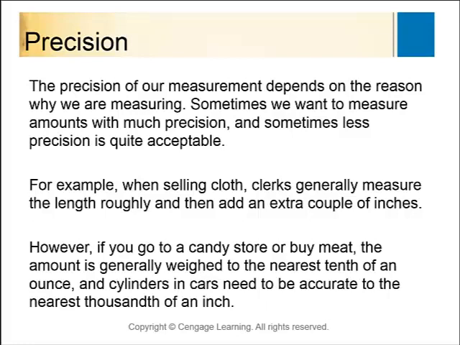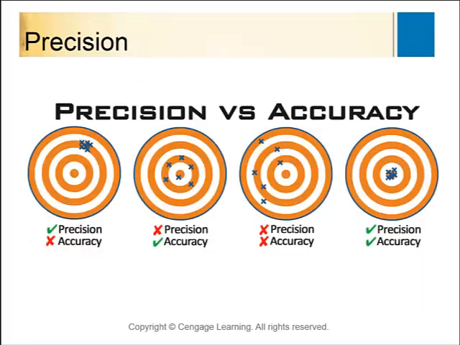I think the best way to explain precision and accuracy is to look at a picture. So if you'll notice in the very first target, someone has shot at this target very precisely because all of the arrows or the darts went in the same general location.